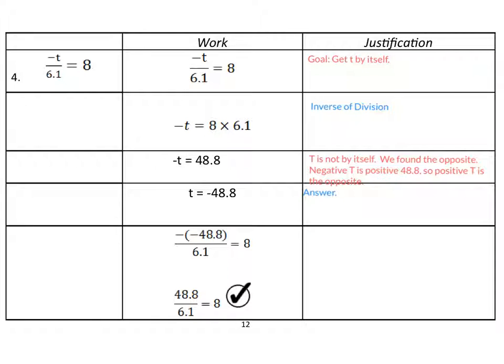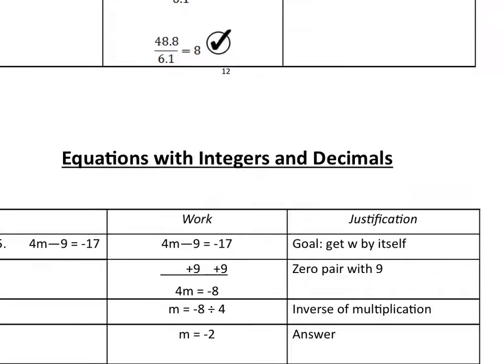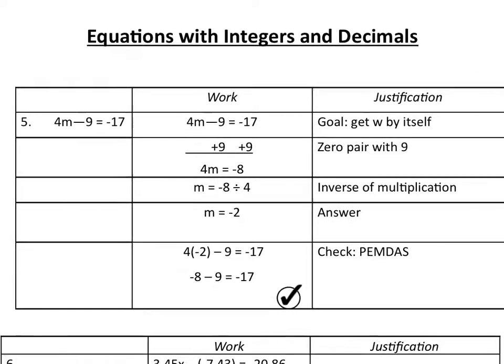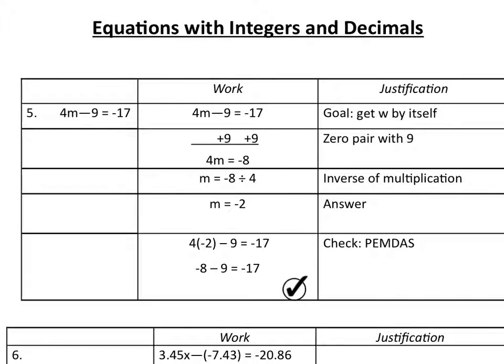And then we got the answer, and we checked it using PEMDAS, because we use order of operations to check everything. So just like when we were finding star, so we had to find x when we did hands-on equations. In this case, we found a negative t, so we had to go and do the positive version. All right, the final page for decimals and integers.